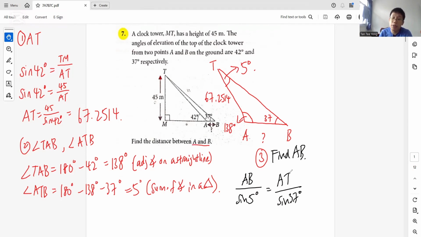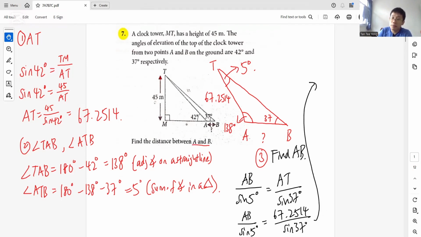This is the purpose why we find AT at the first point. So AB over sine 5 degrees equals AT, which is 67.2514, over sine 37 degrees. I'm going to do my workings here.